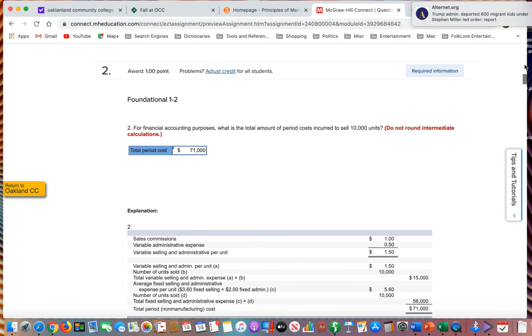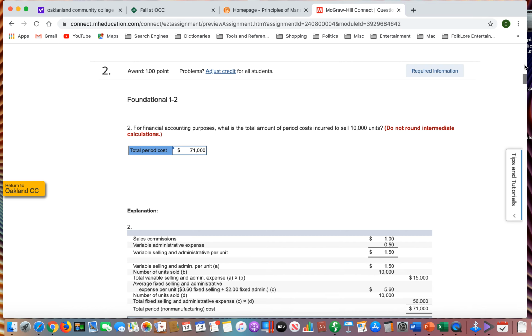Now, notice this. We have the sales commission and variable administrative and selling cost at $1.50. 10,000 units, that's $15,000. The $5.60 is the fixed selling and administrative cost. Notice how they separate variable from fixed. And so the fixed is $56,000. Add those two together, and you get $71,000.